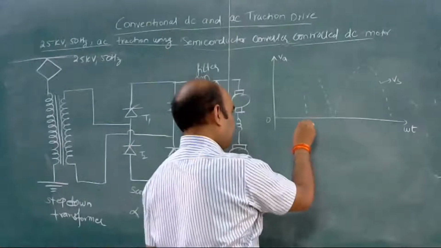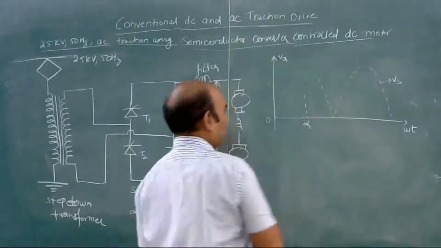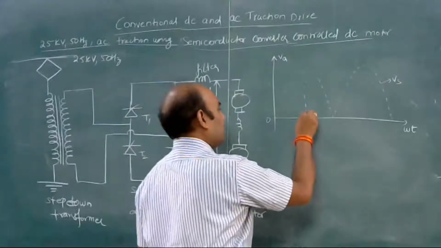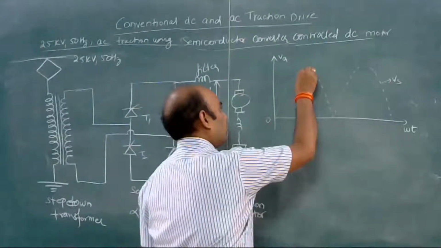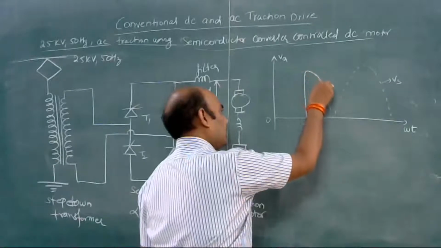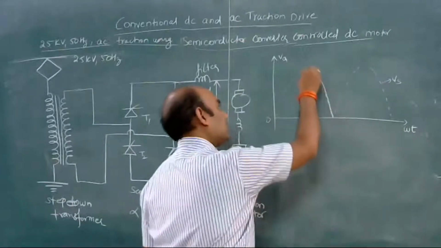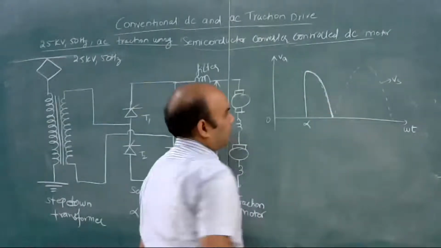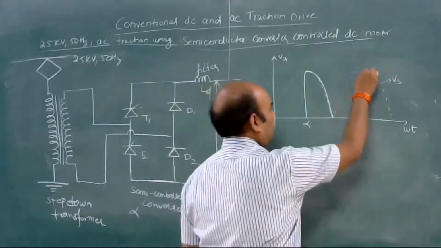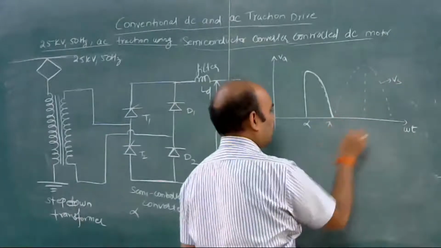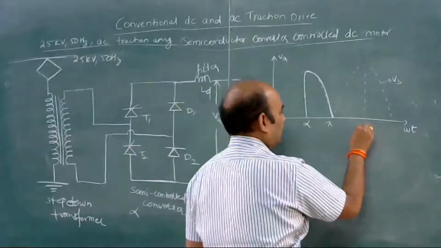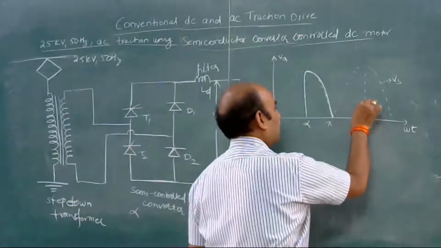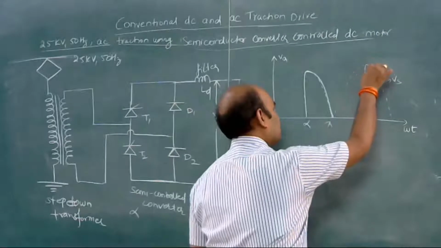Okay, so the output voltage Va will be equal to Vs, and the output voltage will be like this. So this is the powering mode, powering region. Okay, and this alpha is symmetrical, so this is pi. So this is pi plus alpha. So again it will start conducting like this.